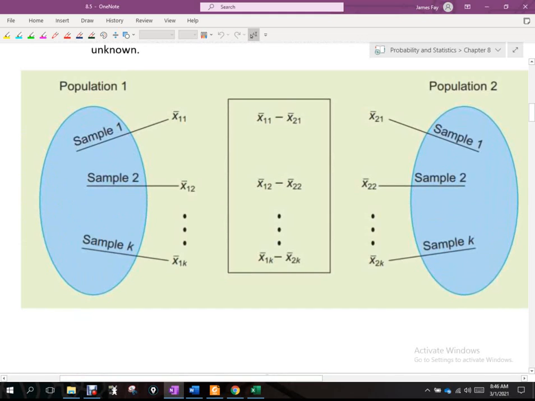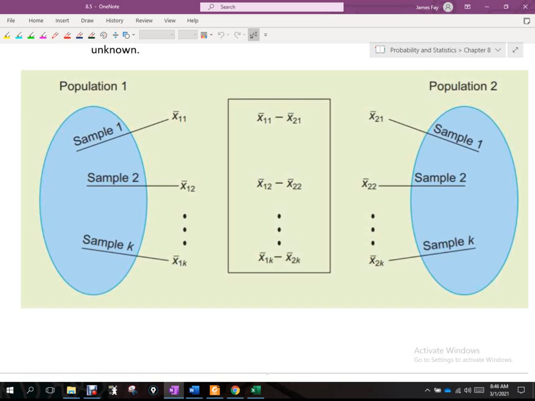So this is kind of what's happening here. We're taking a population, so this green box would be maybe a greater population. We're going to take these two blue subpopulations and find samples out of the first one, take samples out of the second one, and then look at their differences.